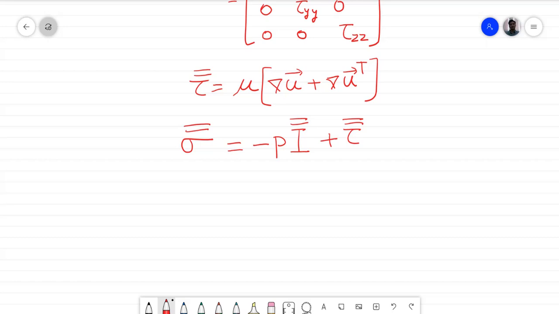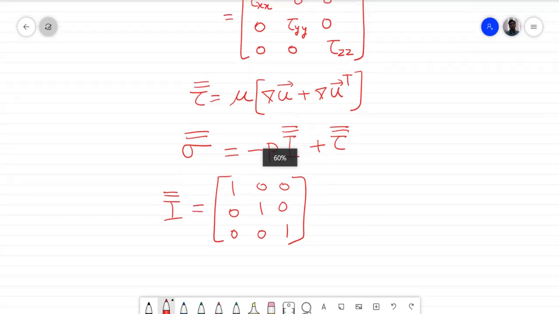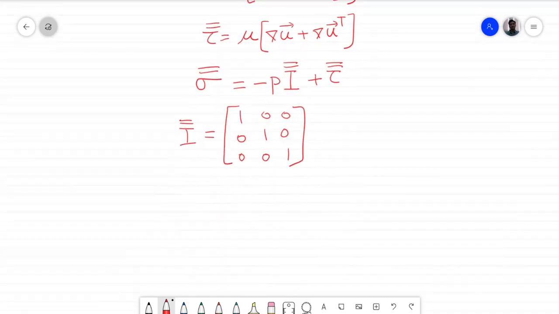It looks like this, where I is the identity matrix or identity tensor, which is given by this matrix here in its matrix representation.